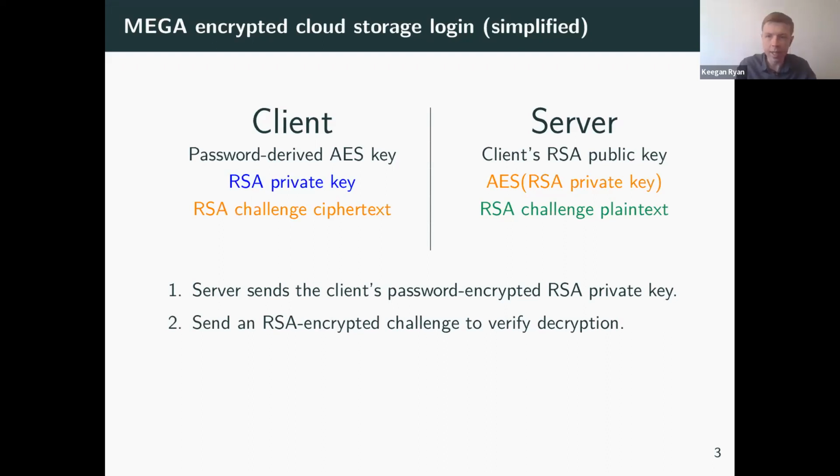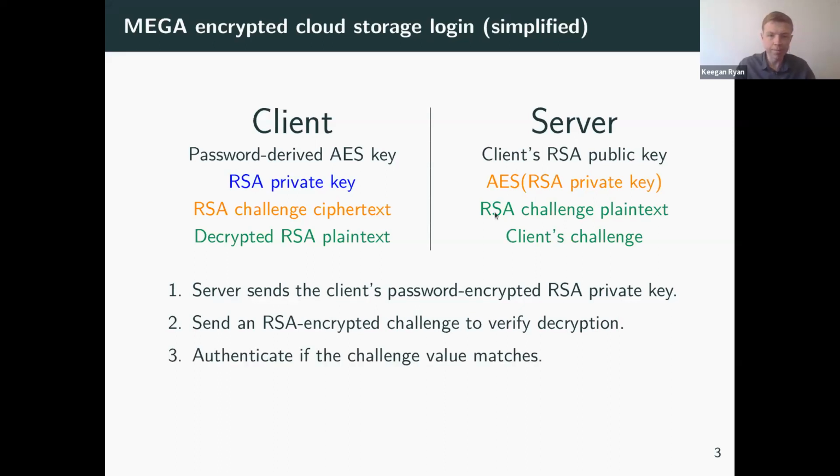So the server creates a challenge plaintext for RSA, sends it to the client as the ciphertext, and then the client uses the decrypted private key to decrypt the RSA ciphertext, takes the plaintext, and then sends that back to the server as a way of confirming that the client was able to decrypt the challenge.